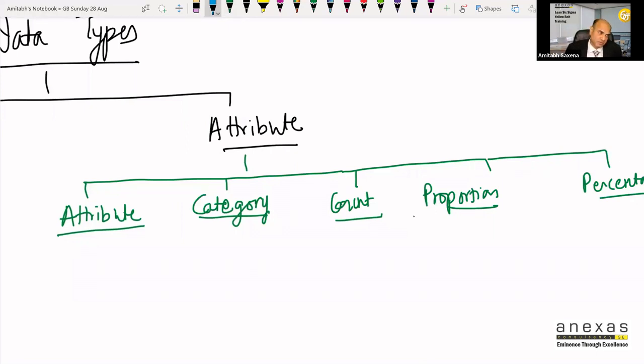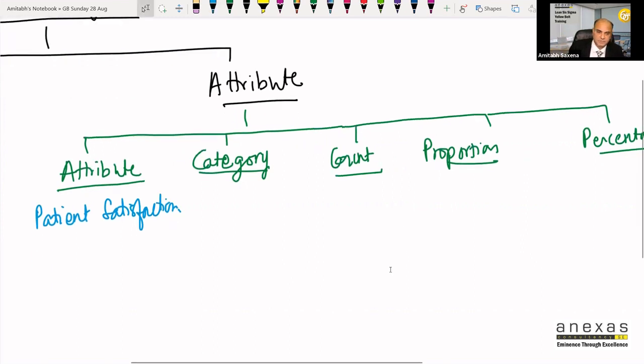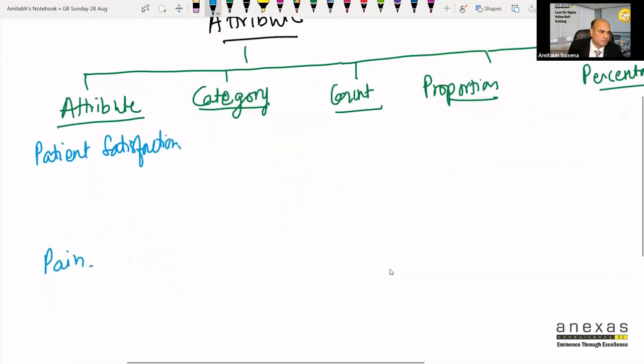And we'll put a measure to it. Now, these are subjective, of course. We're not saying that you can, so patient satisfaction. Okay. So patient satisfaction is the attribute. Okay. Patient pain. Okay. So these are two examples.